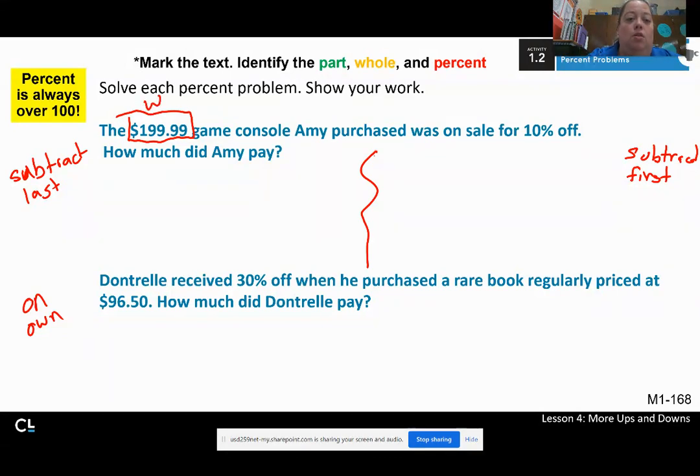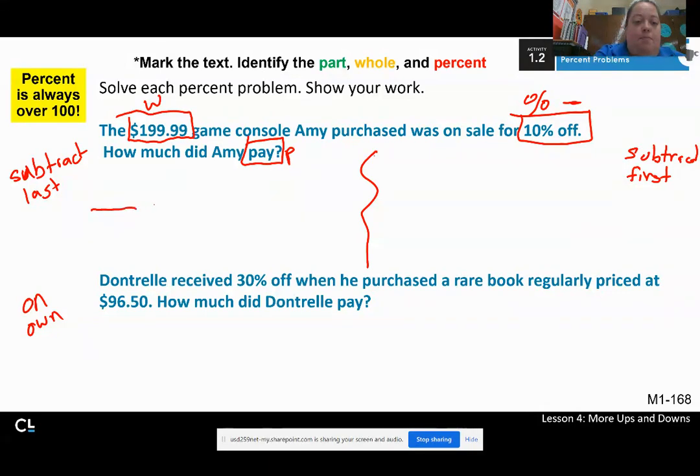So that's our whole, was on sale for 10% off. So off again means I'm going to subtract, and this is our percent. How much did she pay? So pay is our part. I want to know how much she paid.